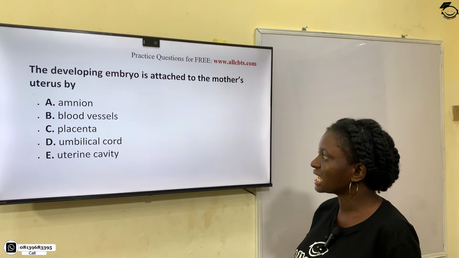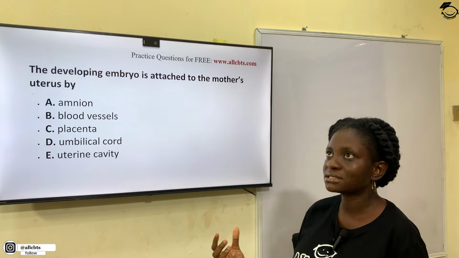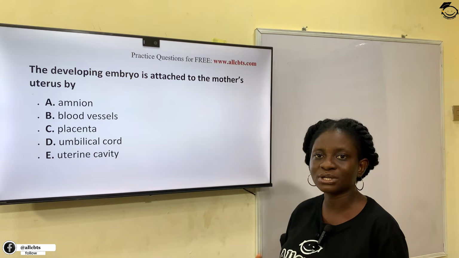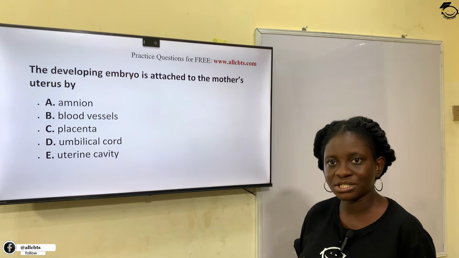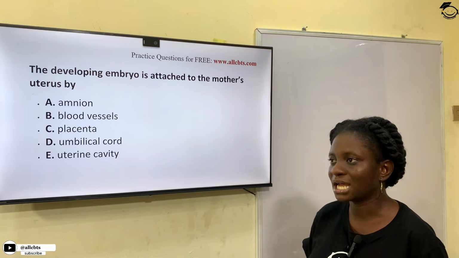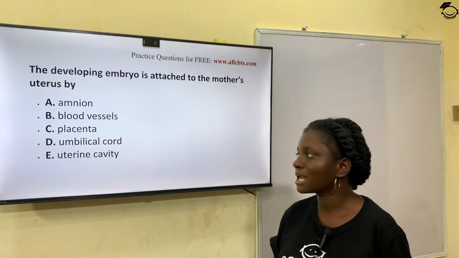The placenta is responsible for attaching the embryo to the mother's uterus for gas exchange, and nutrients are passed from mother to child, and also waste. So the correct answer is placenta.